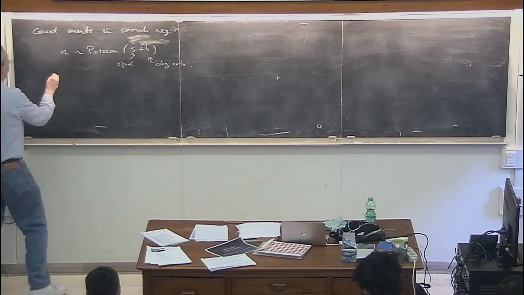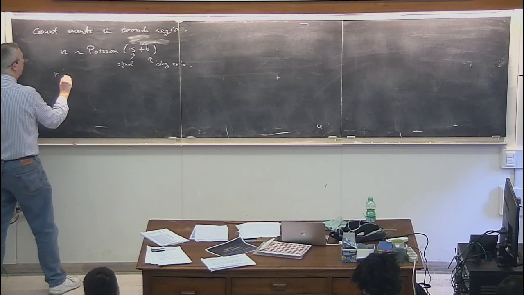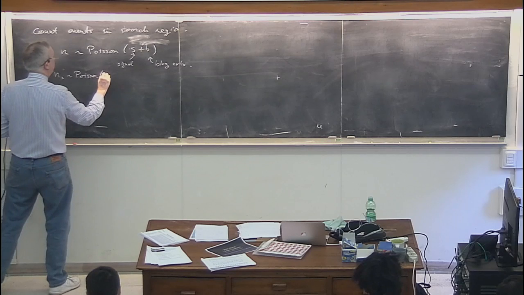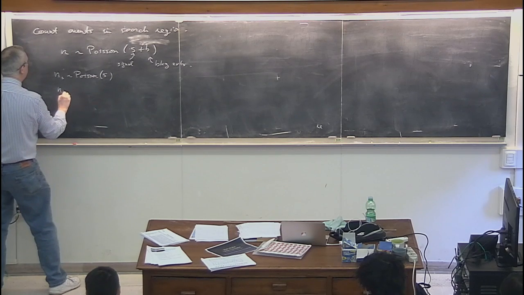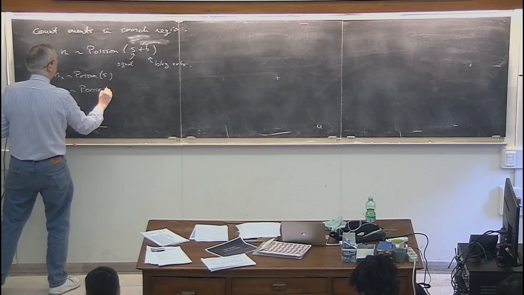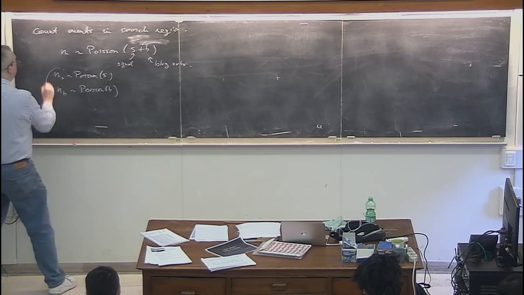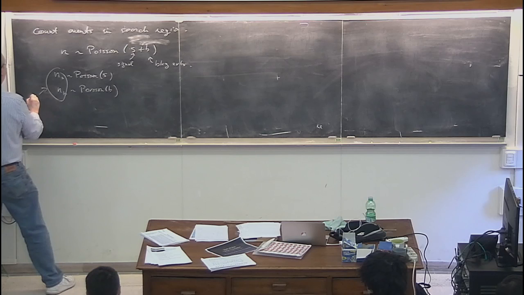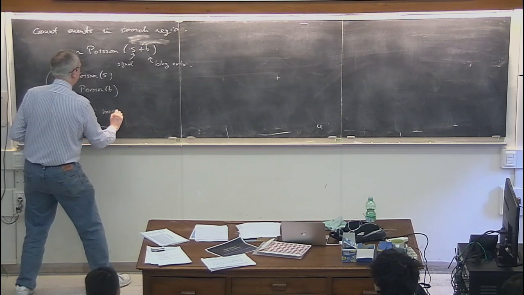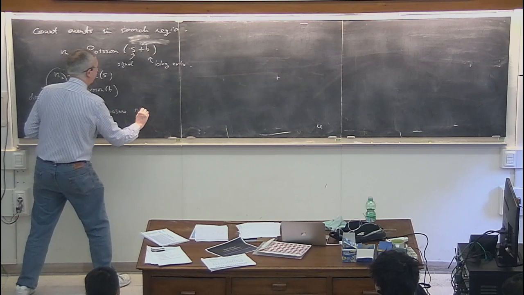In saying that, what I really mean is that there's going to be a number of signal events, NS, that itself follows a Poisson distribution with a mean of S, and a number of background events, NB, that follows a Poisson distribution with a mean of B. But I don't observe NS or NB separately. I only measure their sum.